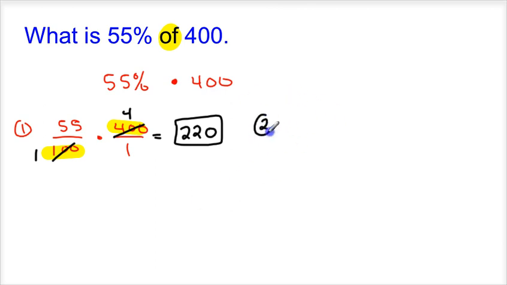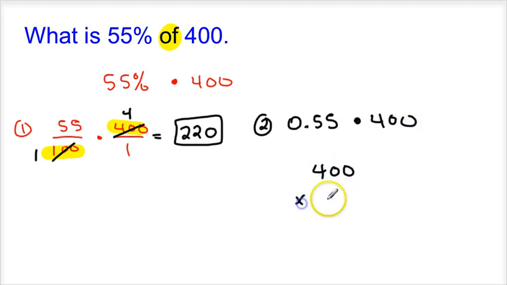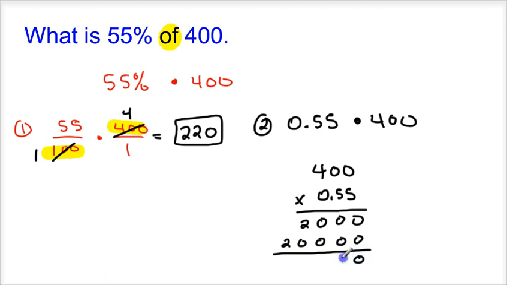Or method 2, in this case, you can multiply by turning 55% into a decimal, so you get 0.55 times 400. And again, multiplying 400 times 0.55, adding all your numbers.